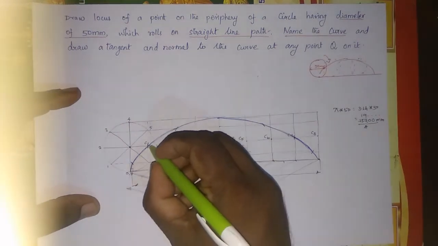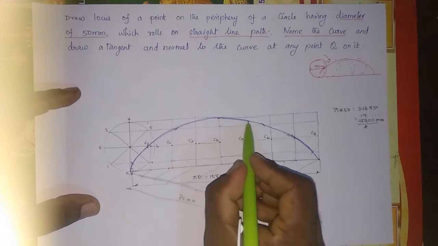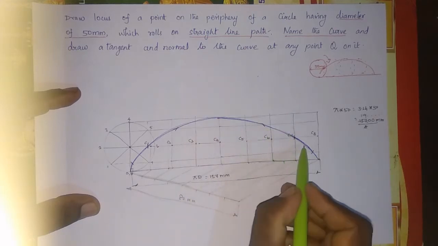Okay, the cycloid. So the curve which forms, the name of that curve is cycloid.